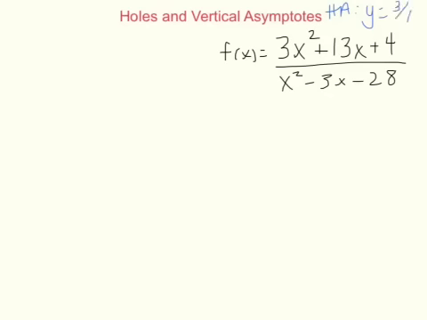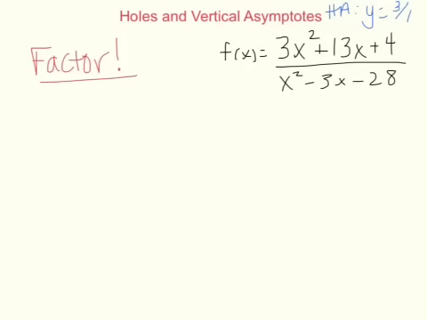Okay, so whenever you're going to look for characteristics of a rational function, find the horizontal asymptote first. Then go find the holes and the vertical asymptote. And that's because what you do to find the holes and vertical asymptote is to factor. So I would find the horizontal asymptote before you factor. So let's go ahead and factor this here.